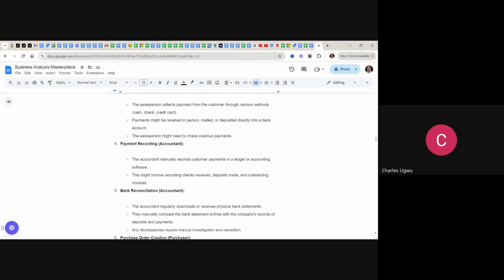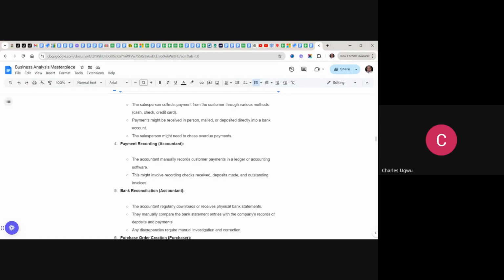So most of the time in the manual system, the accountant goes to the sales department to pick up all these invoices in order to record them in their ledger or accounting system.